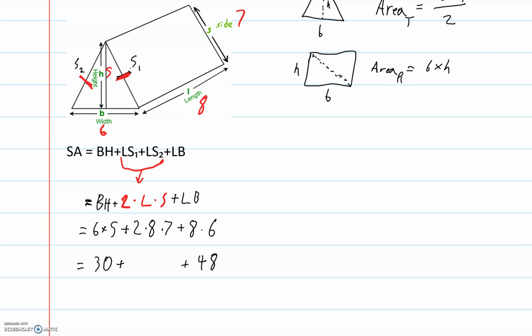We have 2 times, what do we get left with? 2 times 40, nope, 56. Okay, so let's add those together now. Left with 104, no, we're left with 112. Let's do 30 plus 48 is 78. And finally, we add those together and we get 190.